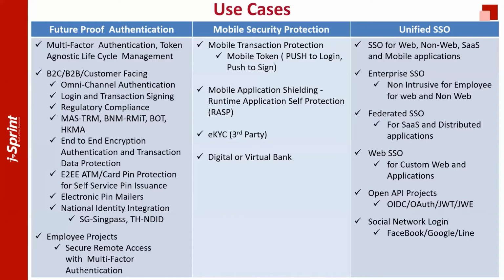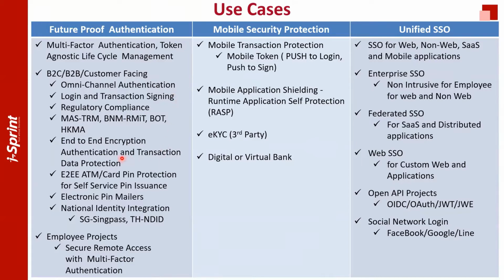Okay, so the use cases we cover today will be focusing more on authentication. Over here we can see the multi-factor. So multi-factor authentication, as introduced on the basic slide last time, can cater to different authentication methods from different vendors and different use cases, login authentication or transaction signing, and then end-to-end encryption.